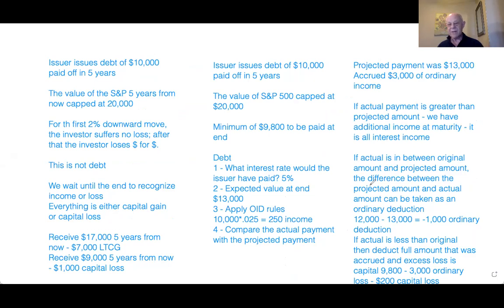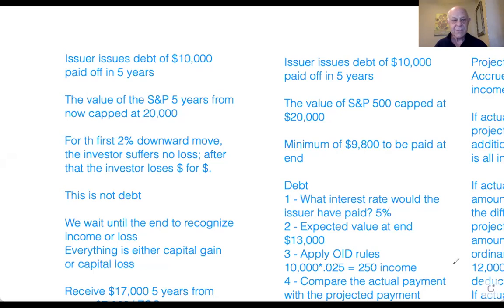We got $12,000, so our shortfall was $1,000. We end up with the $1,000 ordinary deduction. And when we get $9,800, we get to reverse the entire $3,000 that we picked up in the early years, and then we get the additional $200 as a capital loss. So eventually the economics and the taxes all equal out.